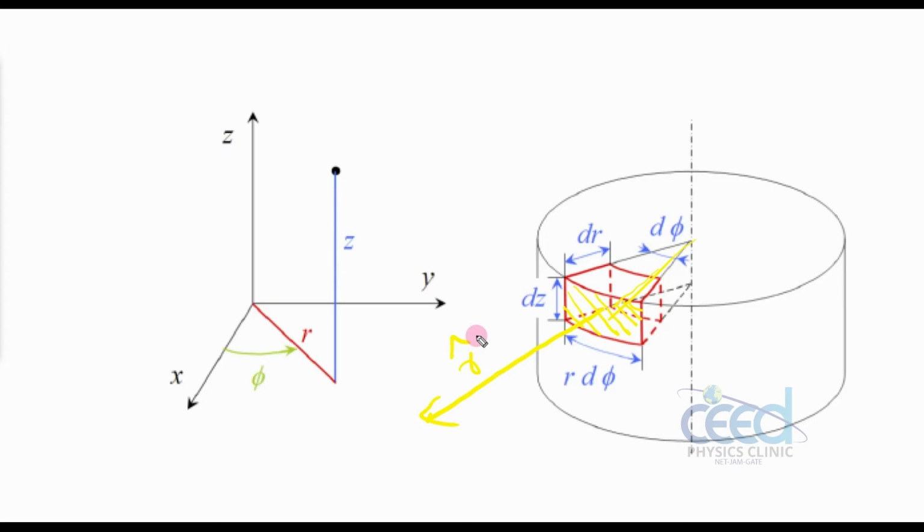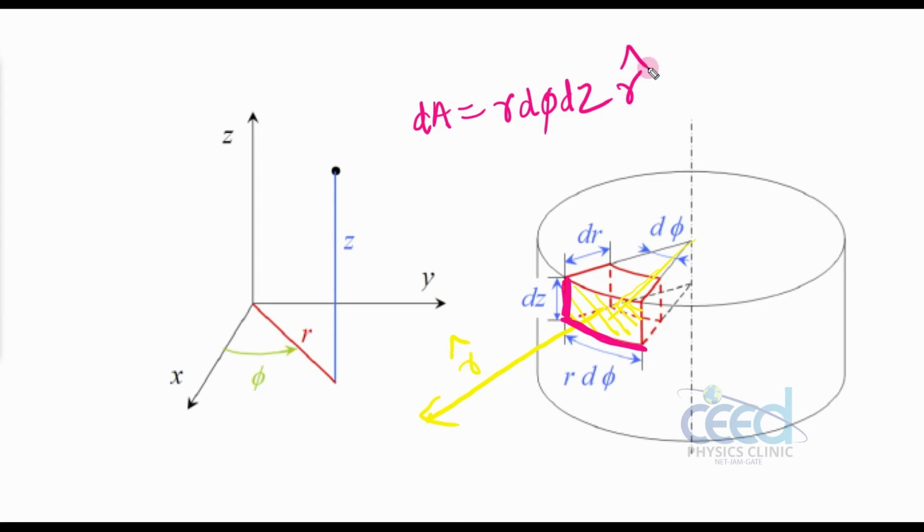Now what is this area? Area is equal to length into breadth. Our length is r d phi, and the breadth is dz. So the small area element I can write as r d phi dz, and the direction is r cap.